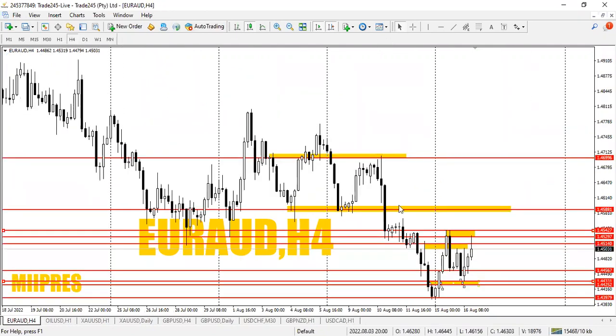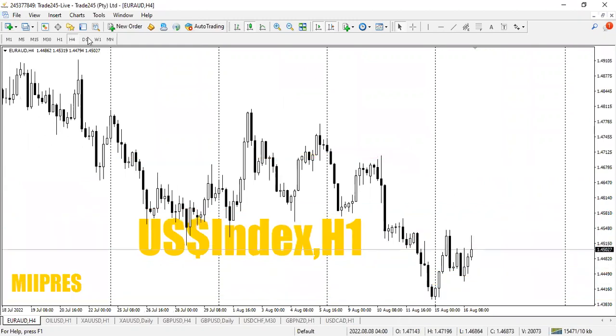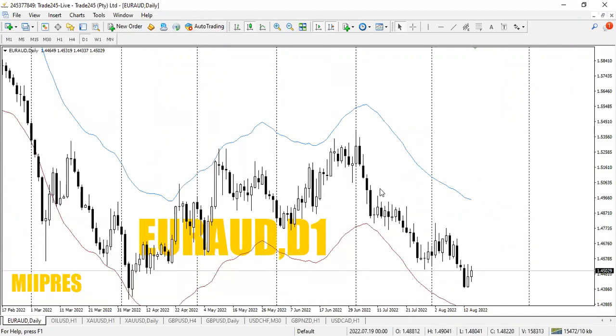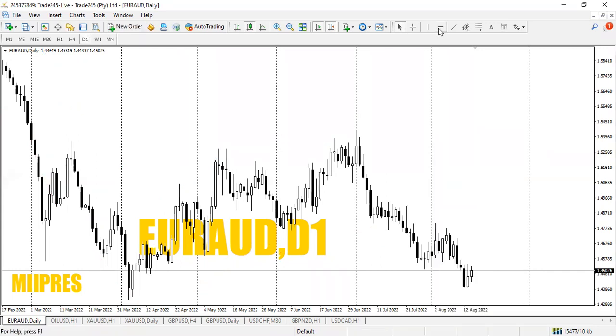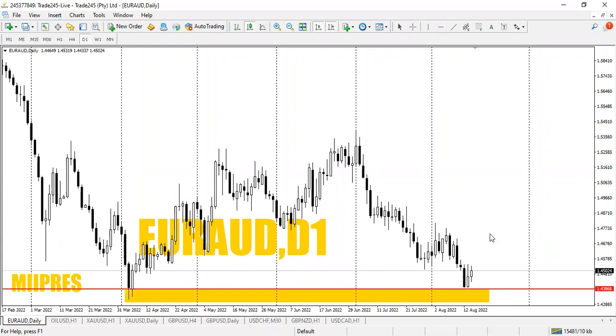Just remove everything. If you see this from there to there, we're gonna zoom out, and you can see that over there.